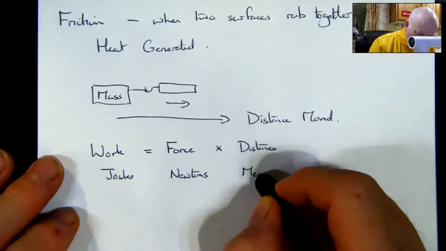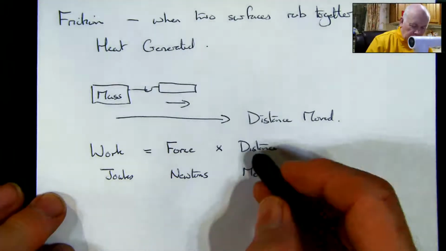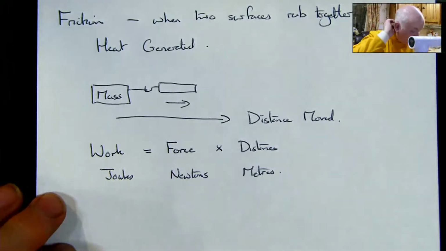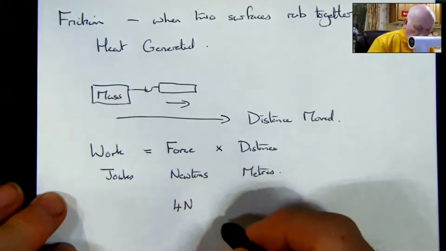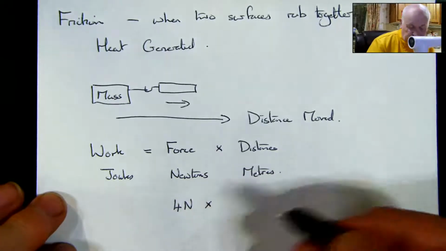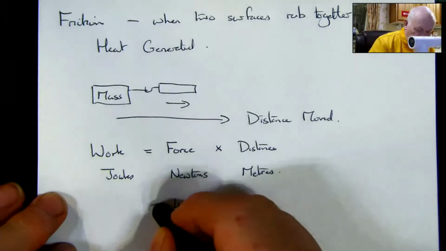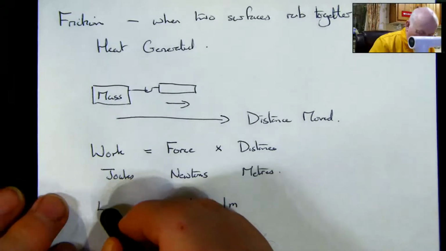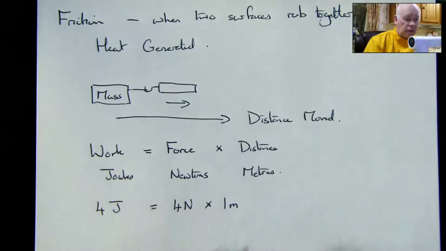So if we take our little scenario that we had before, that I had a maximum force of 4 newtons, and I multiplied that by the distance I moved, and we'll pretend we moved it 1 meter, then I've actually achieved only 4 joules of work done, which is not very much really.